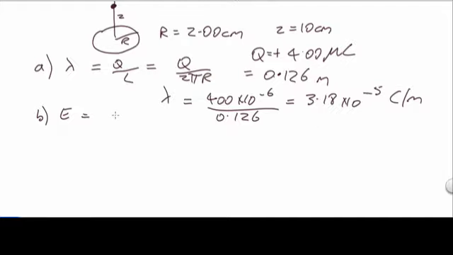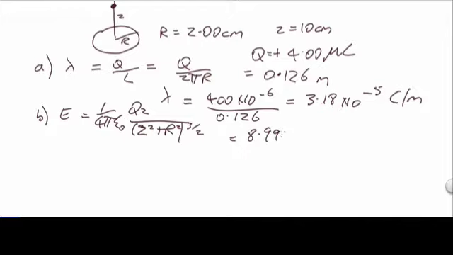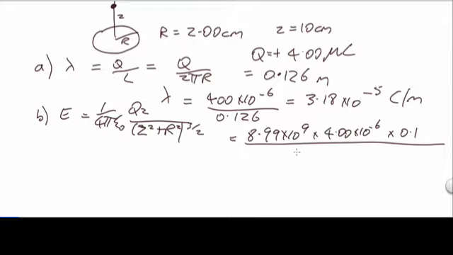Now the next part, electric field, 1 over 4 pi epsilon naught, QZ over Z squared plus R squared to the 3 over 2. And that will be 8.99 by 10 to the 9, Q is 4 by 10 to the minus 6, Z is 0.1.